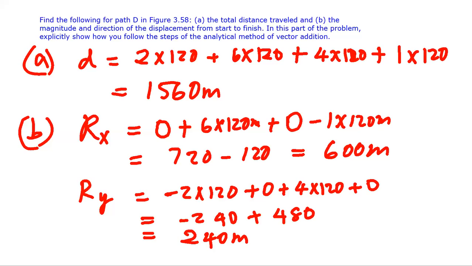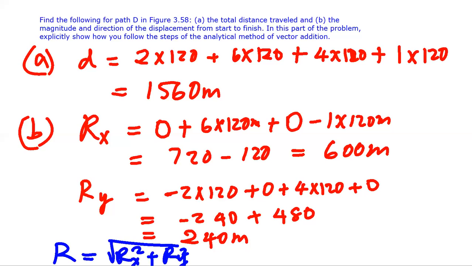So that's the step for the x and y components. And then your r, let me use a different color. Your r is equal to the square root of rx squared plus ry squared.